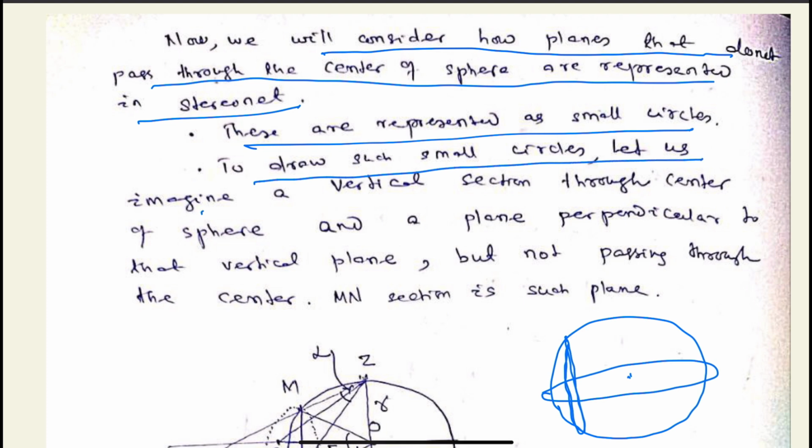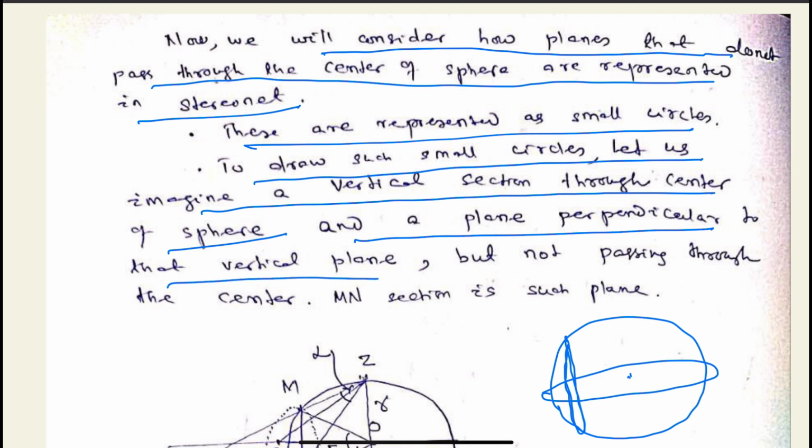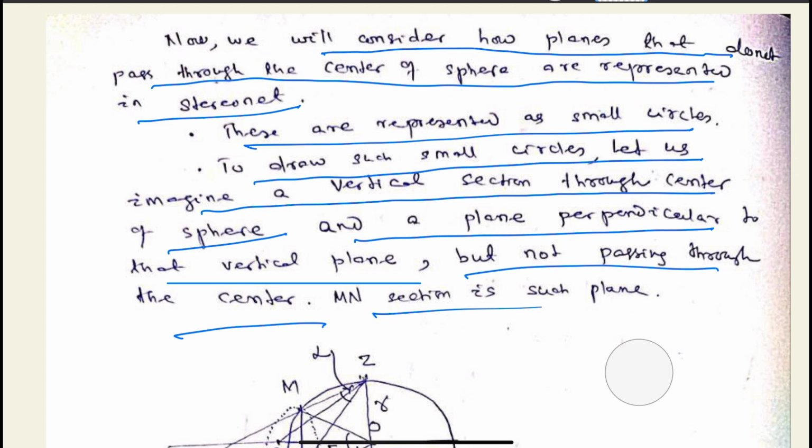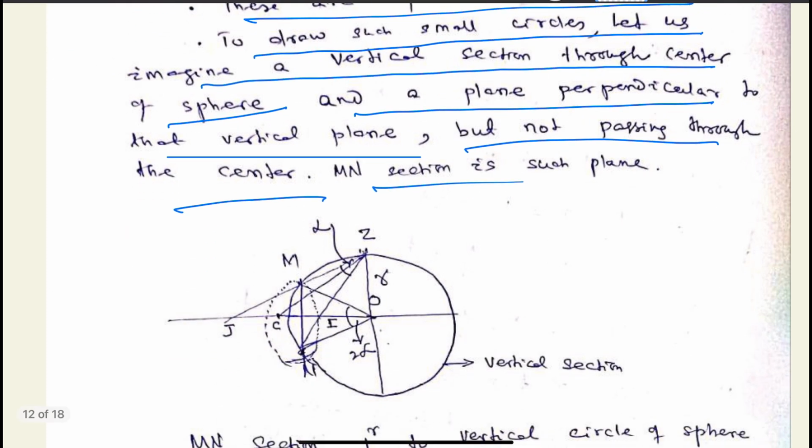To draw such small circles, let us imagine a vertical section through the center of the sphere and a plane perpendicular to that vertical plane, but not passing through the center. Let MN be such a plane. So we have taken a vertical section through the center of the sphere.